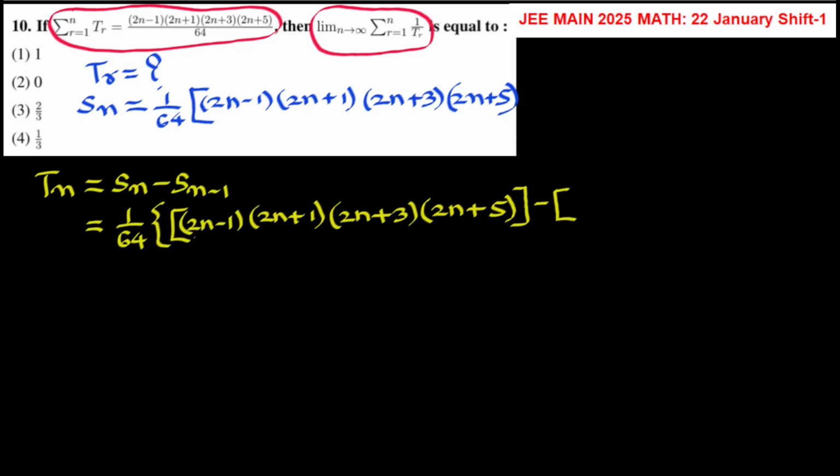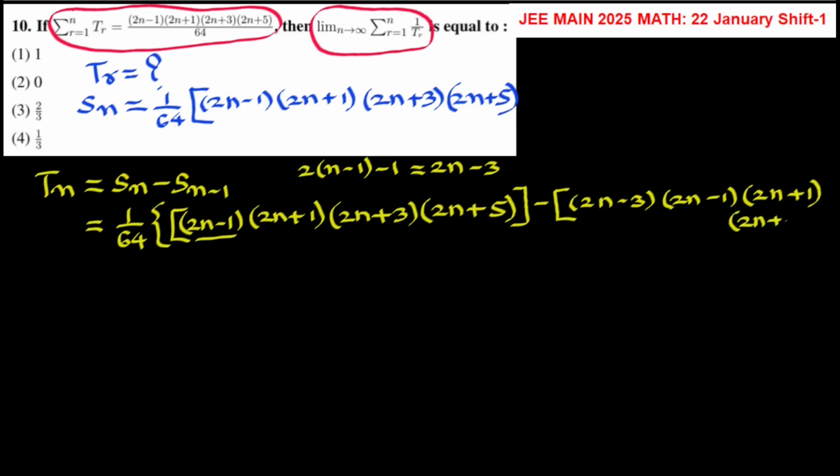For example, this 2n minus 1 will become 2 into (n minus 1) minus 1, 2n minus 3. This we write here. Similarly, the remaining 3 terms become 2n minus 1 into 2n plus 1 into 2n plus 3. 1 upon 64 into, we find that we can take the terms 2n minus 1, 2n plus 1 and 2n plus 3 common.